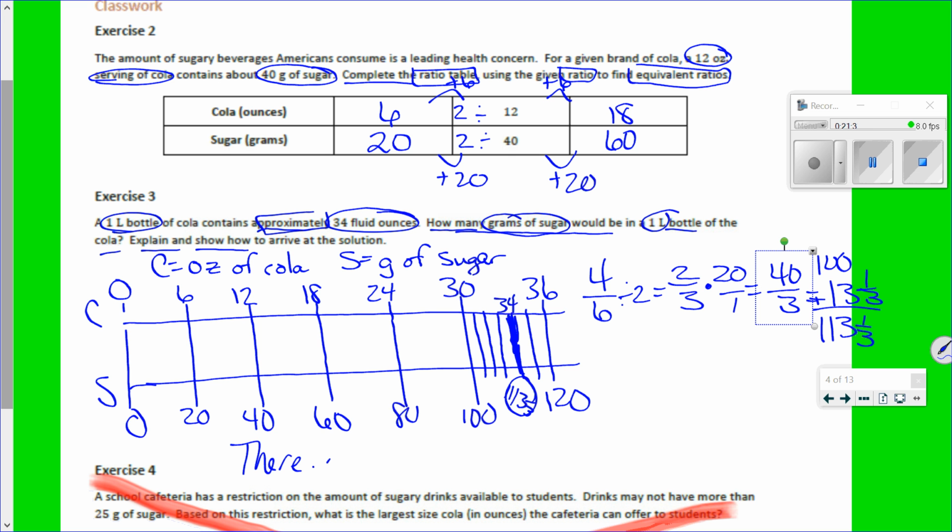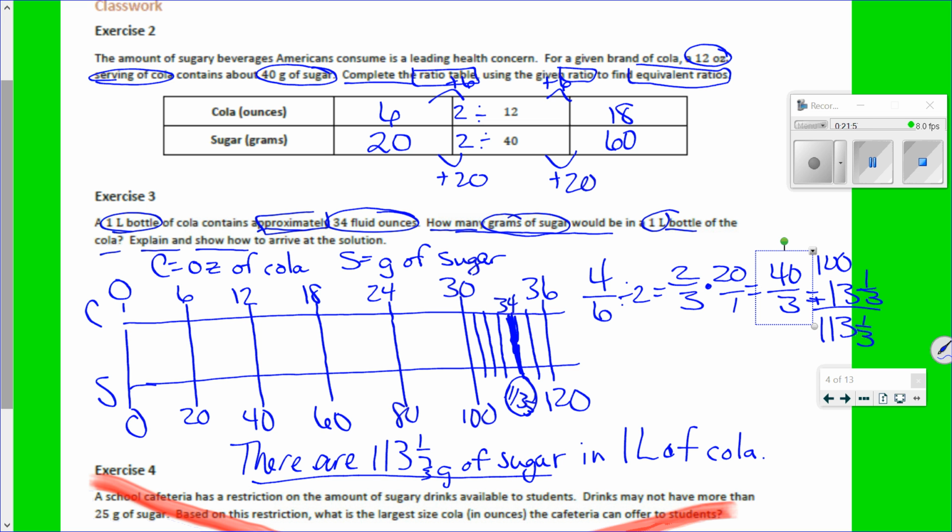There are 113 1/3 grams of sugar in 1 liter of cola. Now have I answered the question?